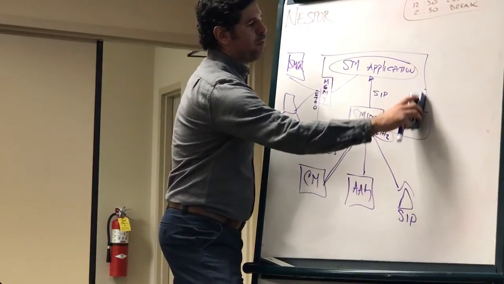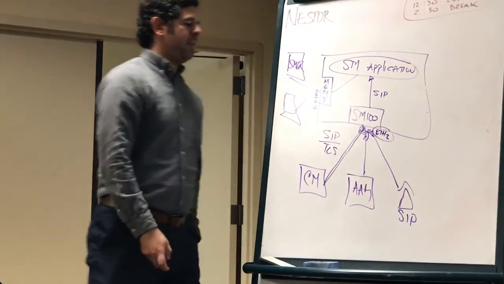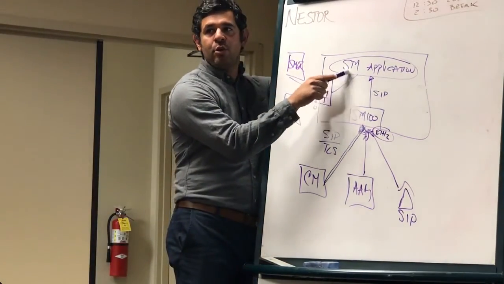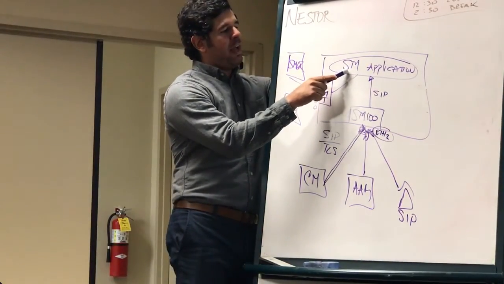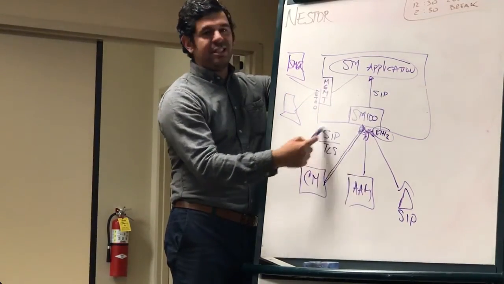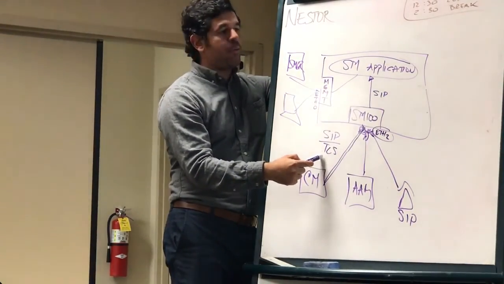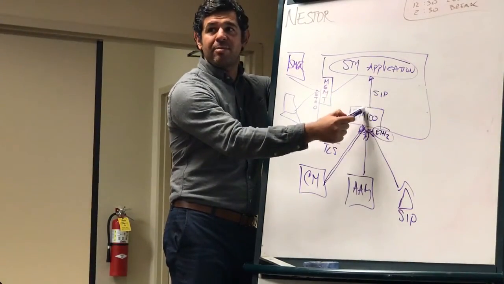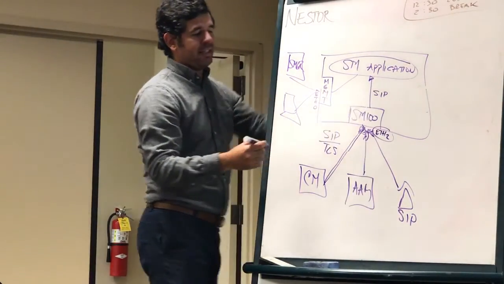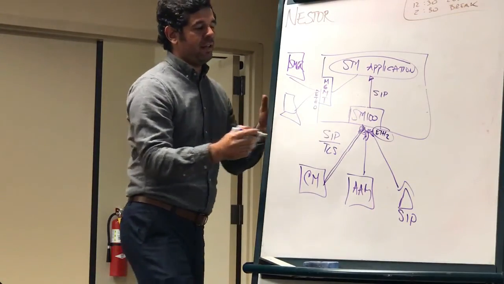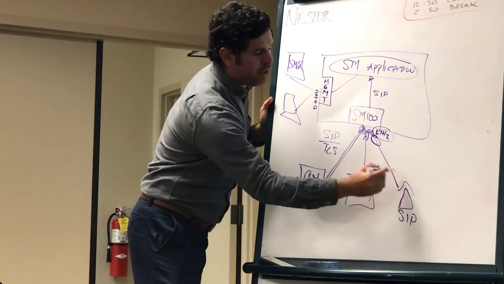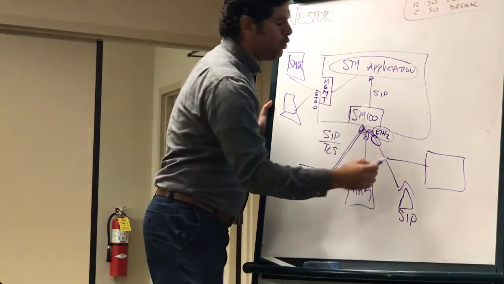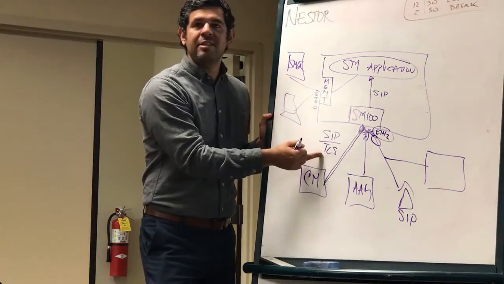Okay, something important to notice here is that if you trace in Session Manager, you do it here in the SM application. And even though you're using SIP over TLS, you're able to trace because this is pure SIP, it's not encrypted. What I'm saying is that if you try to trace here, by putting a sniffer like Wireshark, you can't, because everything is encrypted.